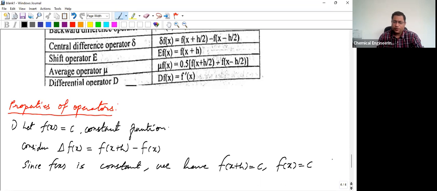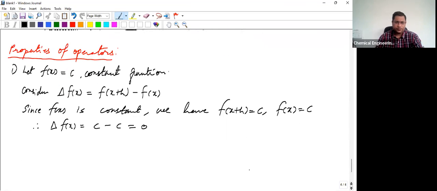So what we get here, delta f of x is equal to c minus c, and that is going to be 0.